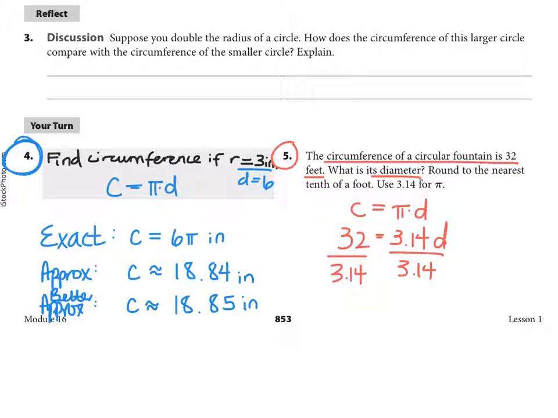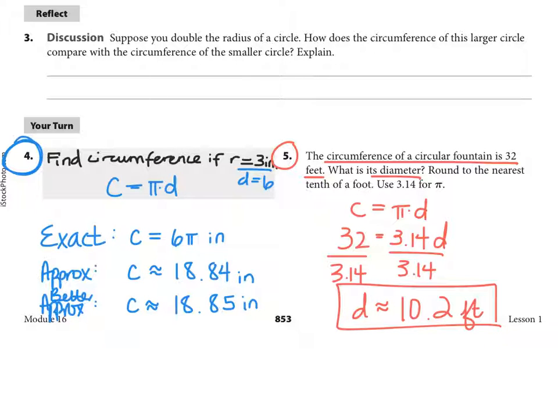And when we do that, we're going to get that the diameter is approximately, and I say approximately because we're using a rounding for pi, not the actual pi value, 10.2. It says round to the nearest tenth, and my calculator says 10.19, so 10.2 feet is what the diameter would be for that circle.